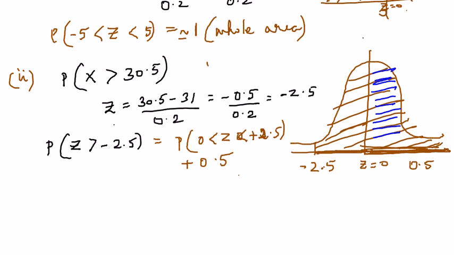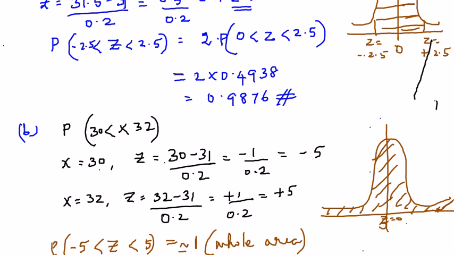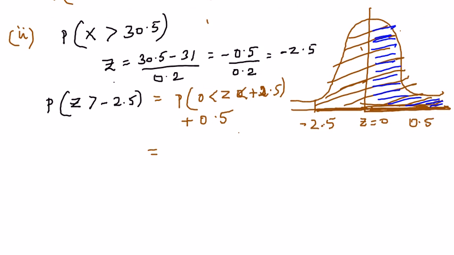The whole area on the positive side is 0.5. So what is the area under the curve from 0 to 2.5? We know that the value is 0.4938. So it is 0.4938 plus 0.5, which is 0.9938. Right, that's the answer for the second part.